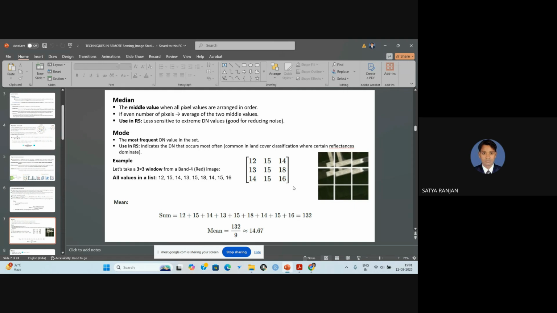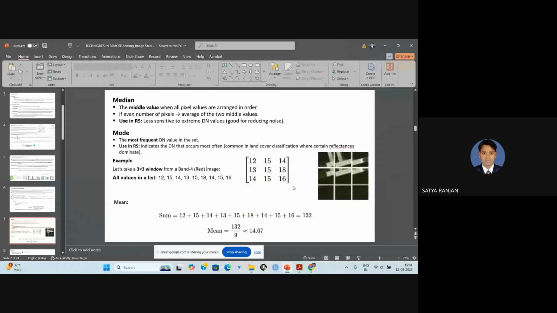But in a satellite image, one scene has a lot of rows and columns, more than a thousand rows and columns, because each pixel is a very small area.